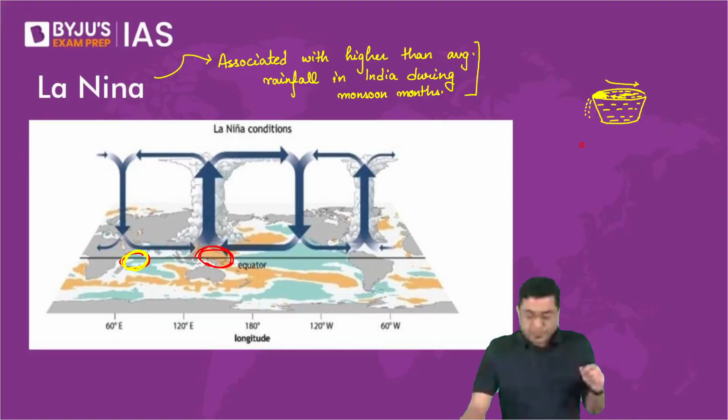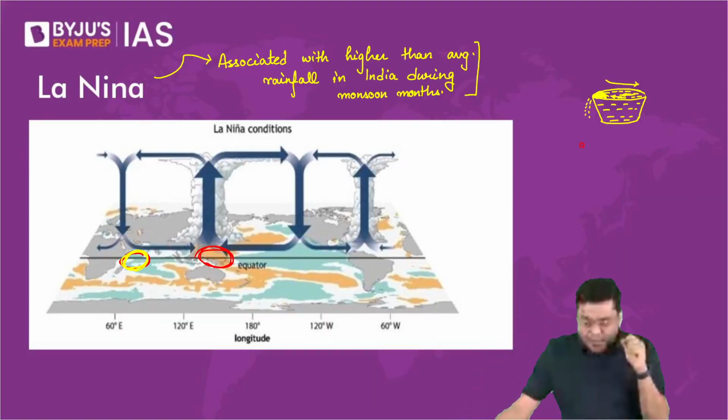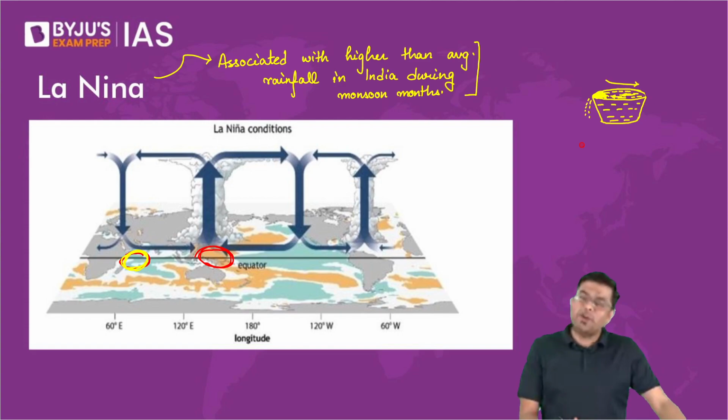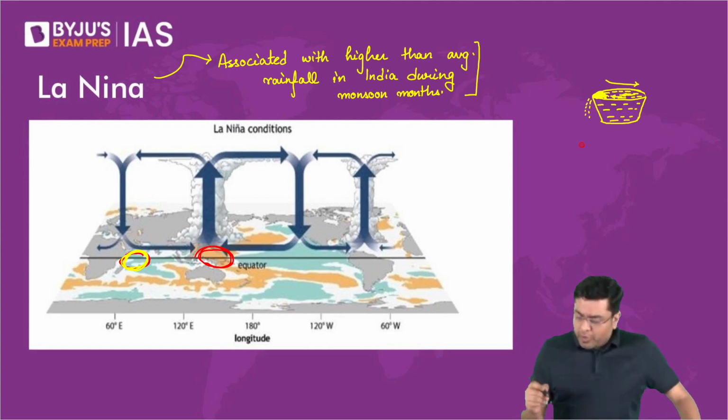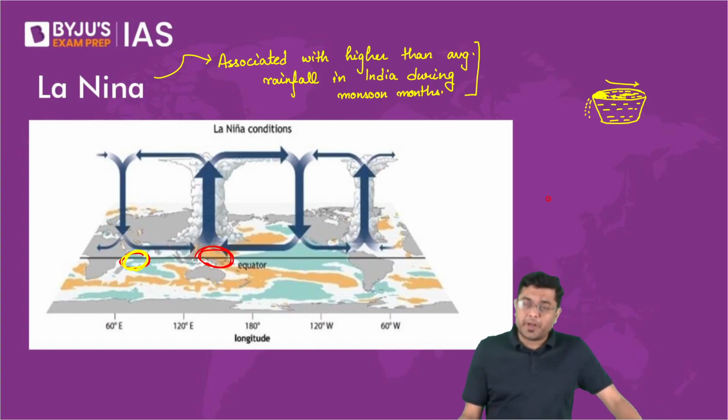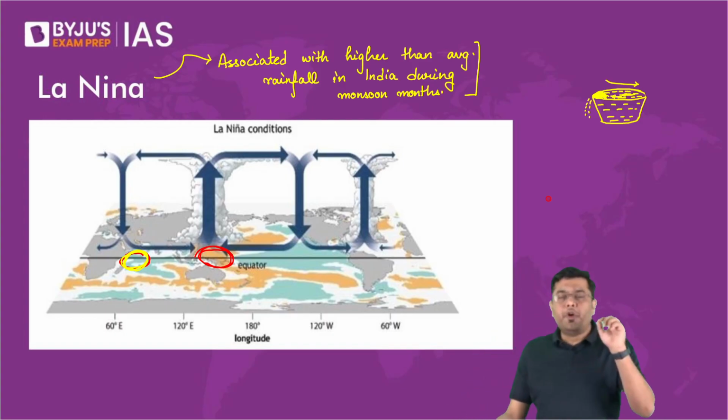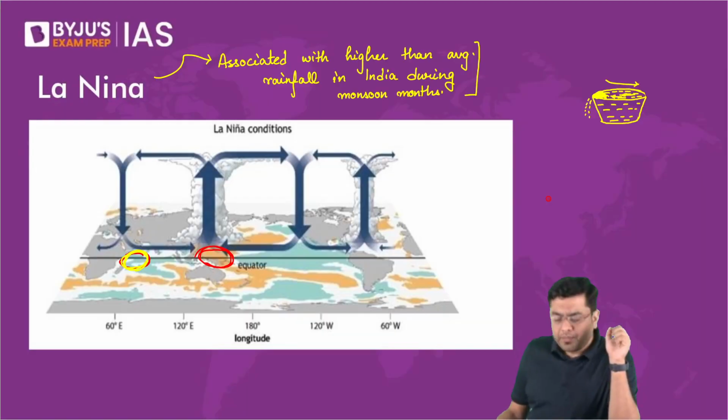Now, with that basic concept, let us understand the entirety of the concept of El Nino. So, again, before coming into El Nino, for the creation or the movement of the surface water, we have the involvement of trade winds, right?